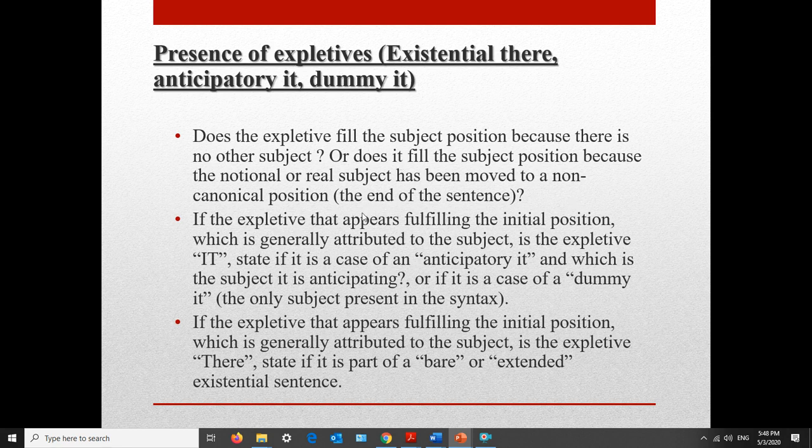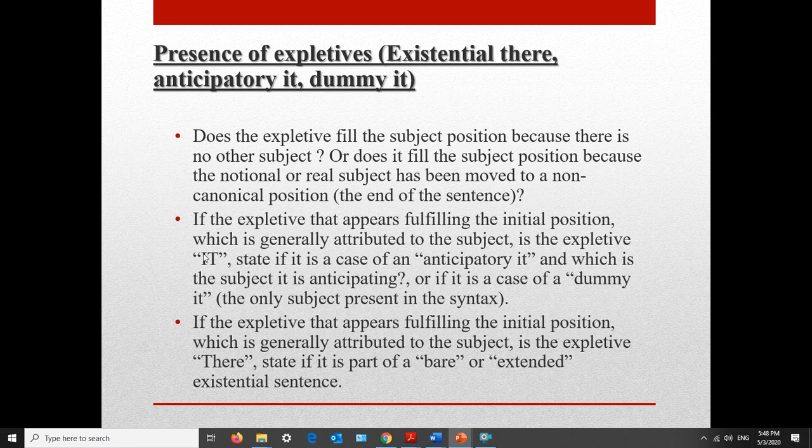This would be an instance of extraposition, in which you have a grammatical subject located pre-verbally and the argument, the real subject, realized at the end of the sentence, in accordance with what the principle of end weight establishes. If the expletive that appears fulfilling the initial position, which is generally attributed to the subject, is the expletive it, state if it is a case of an anticipatory it, and which is the subject it is anticipating.